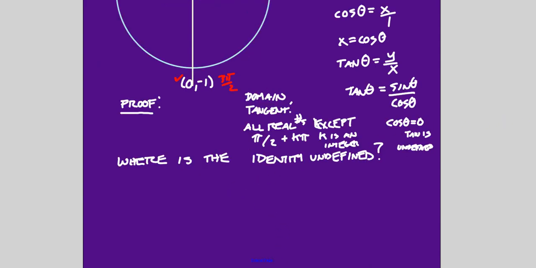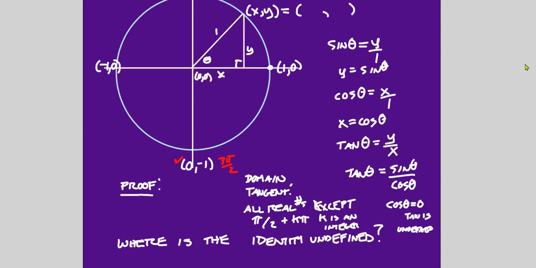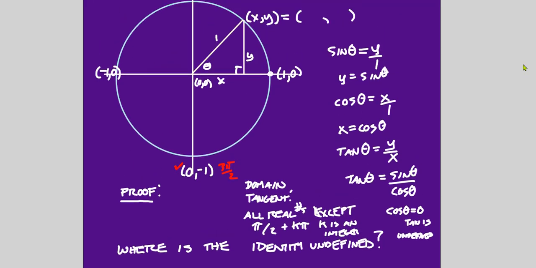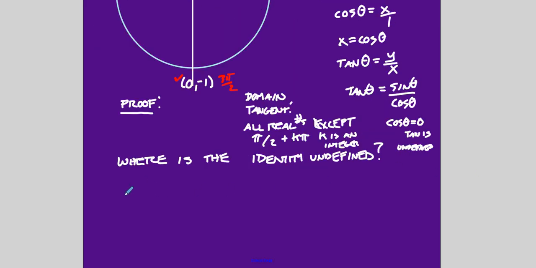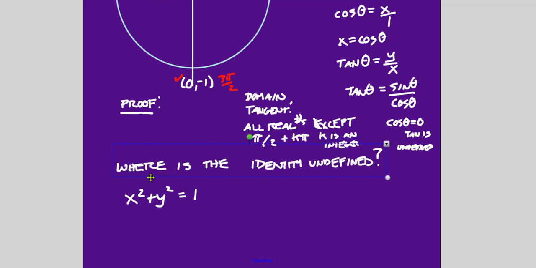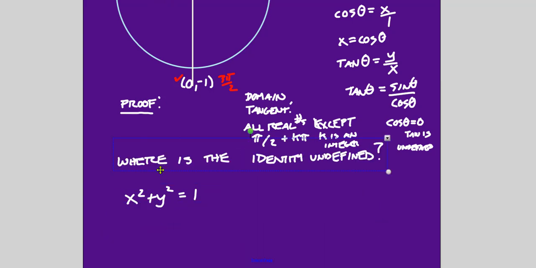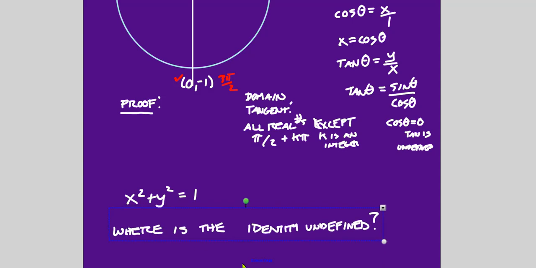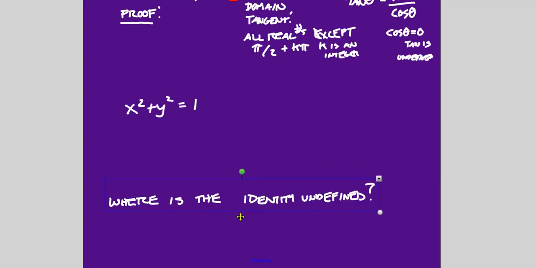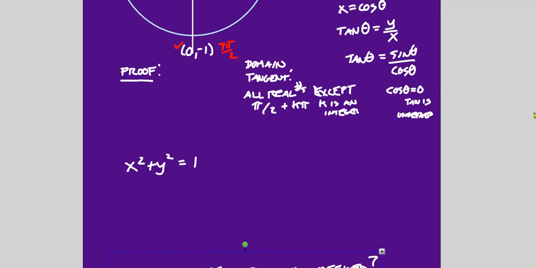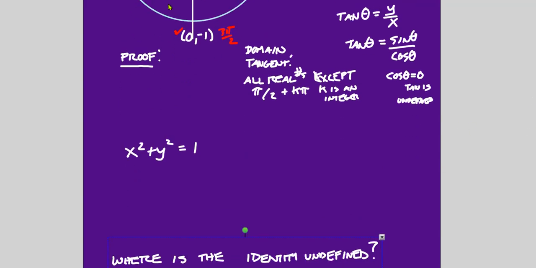Okay, so now let's come up with our identity. So we can see from the Pythagorean theorem here that x squared plus y squared is 1. I really should have written this last question further down, so I'm going to slide this down. Notice again that x is equal to cosine theta.